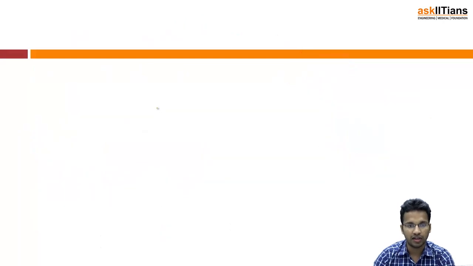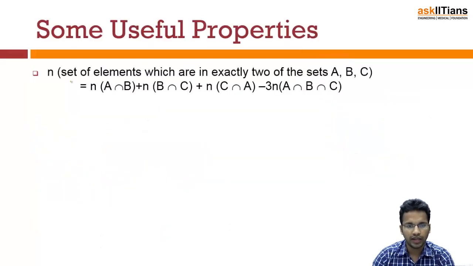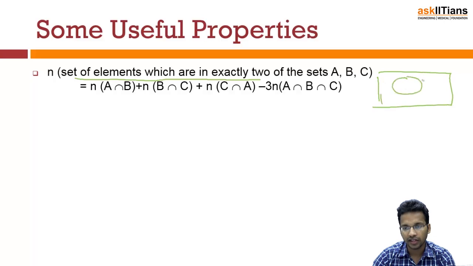Very easy to understand. Now again, the set of elements which are in exactly 2 sets. Exactly 2 means this part, and you subtract the middle part basically.